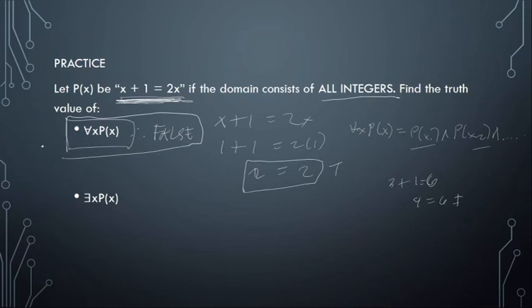So this proposition for all x, p of x is false, since the domain we are using is all integers.